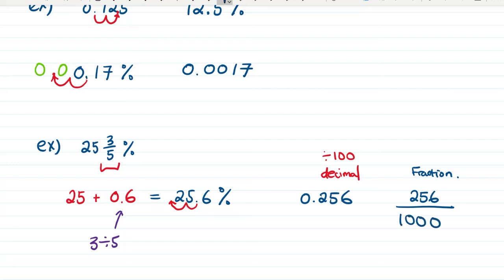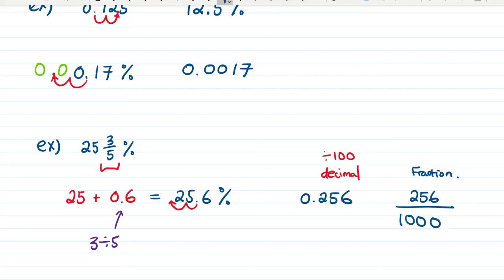The reason is there are 3 digits after the decimal point, so you're going to fill in the denominator with the same number of zeros as the number of digits after the decimal point. So there are 3 numbers after the decimal point. You're going to fill in with 3 zeros and then put the 1 in front of the zeros.